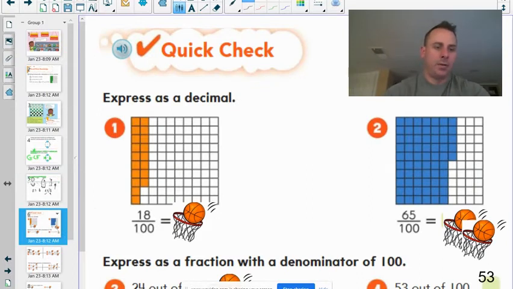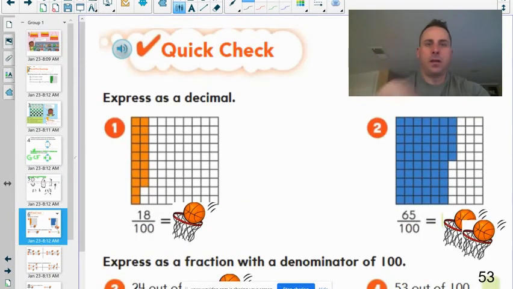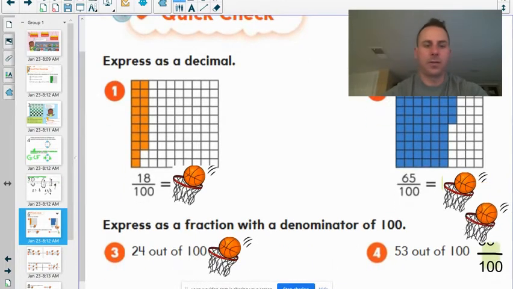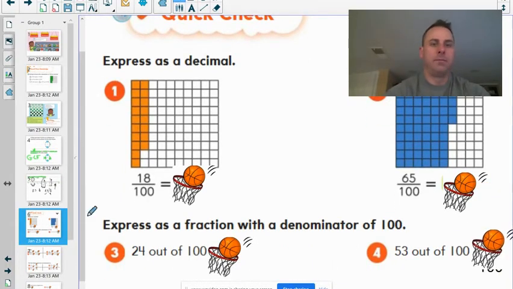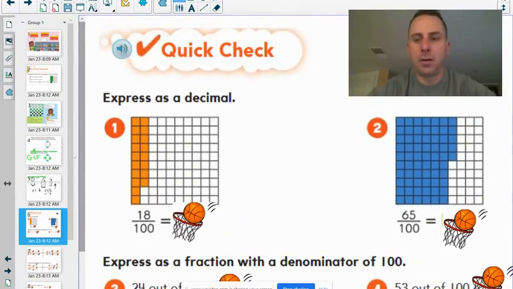I don't know if there's a lot of basketball fans out there and you've been watching any of that Last Dance. I know that some of the language isn't great for kids, but a lot of times when you think about percentages, you think about sports.